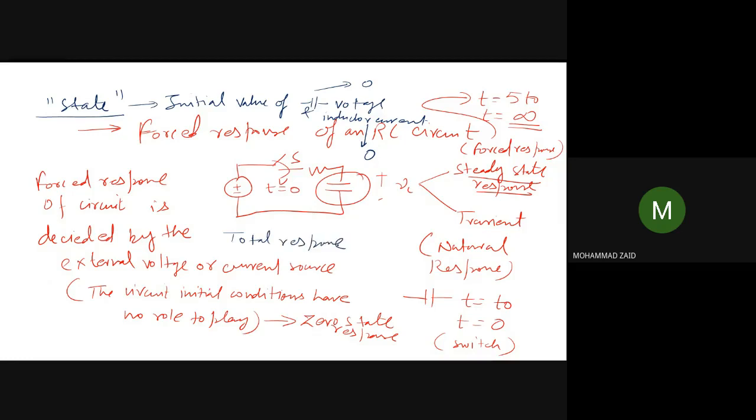So the total response of the system is a combination of natural response, that is NR, and steady state response. So steady state response plus natural response is the total response of the circuit.